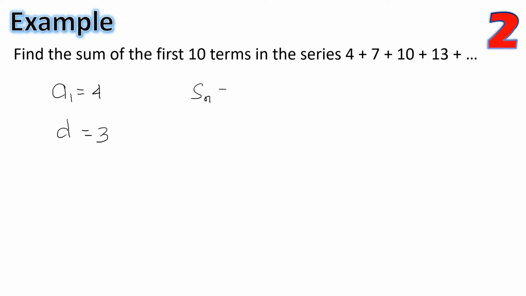S sub n is equal to n over 2 times 2a sub 1 plus n minus 1 times d. n is equal to 10 since we're looking for the sum of the first 10 terms.